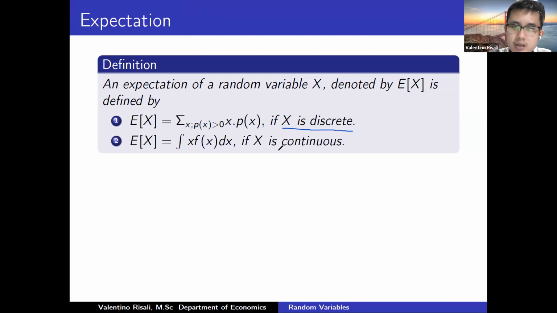And if x is continuous, we use this integral. In conclusion, it is important to know whether the random variable is continuous or discrete, because the definition of the expectation is different for the discrete and continuous cases.